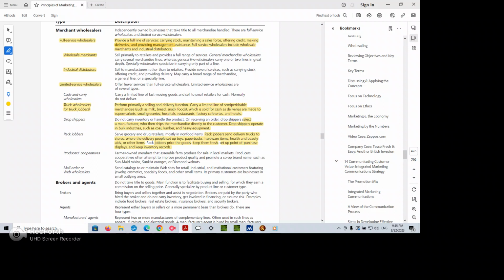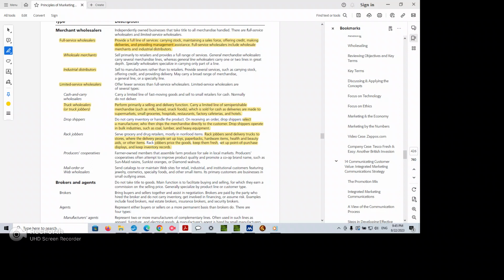So it's basically the same idea as in the manufacturing case, except for specialty products. And you have mail order or web wholesalers, which send catalogs and maintain websites to serve retail, industrial, and institutional customers, featuring jewelry, cosmetics, specialty foods, and other small items.